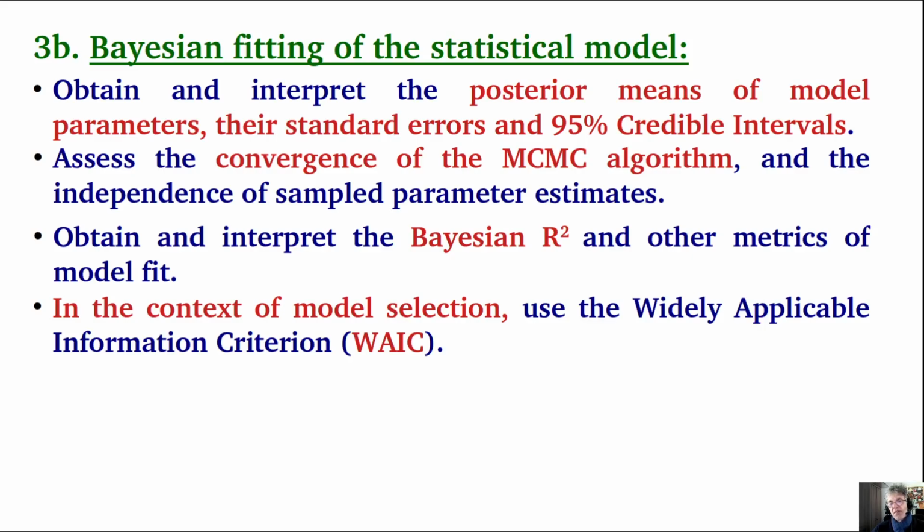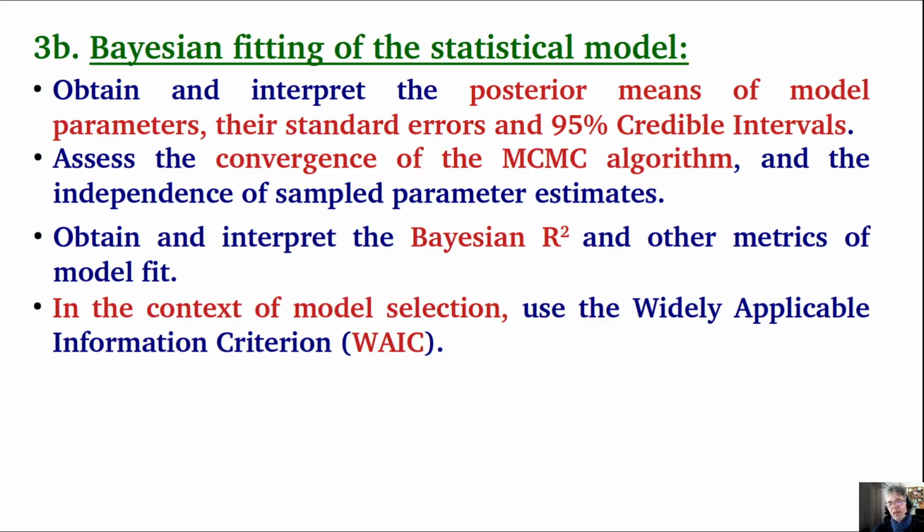And in the context of model selection, we are going to make a very simple illustration. We should use a recently developed information criterion called the Watanabe Akaike information criterion, or as called by others, the widely applicable information criterion.